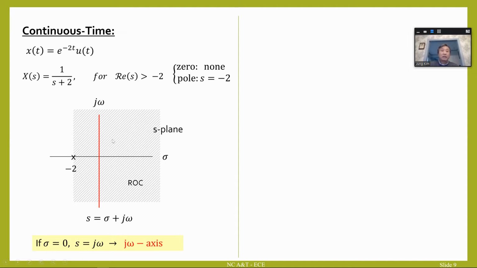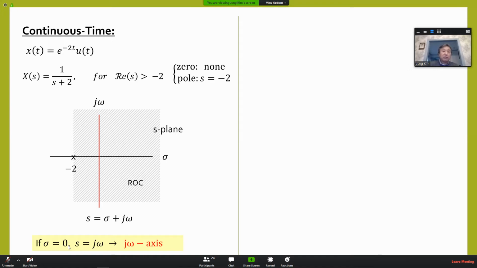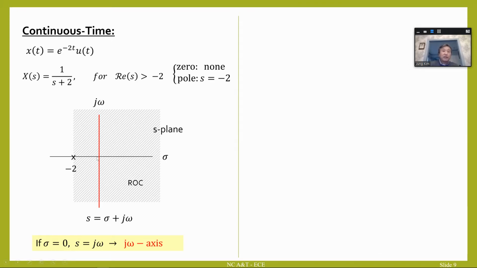As I explained, the j omega axis means that sigma equals 0. S equals sigma plus j omega, so with sigma equals 0, S is j omega. This is the frequency domain, j omega.